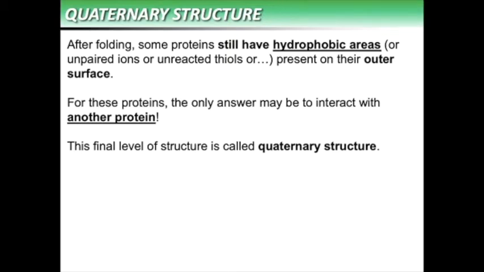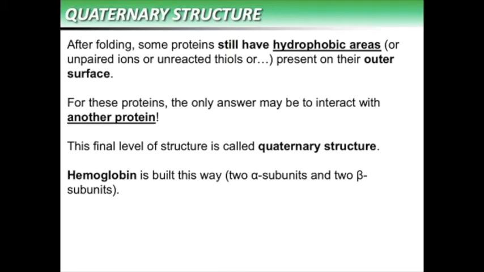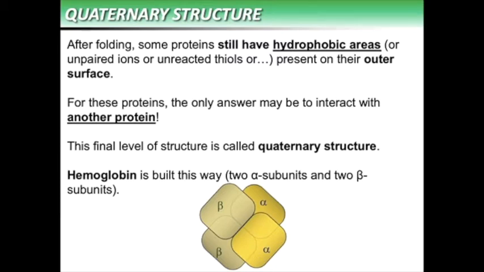And a very important protein in your body actually uses quaternary structure, and that's hemoglobin. Hemoglobin is built from 4 protein chains. There are 2 pairs of what are called identical subunits. So there are 2 of these alpha subunits, 2 of these beta subunits, and it's only when all 4 of them come together by virtue of some thiol reactions, some disulfide linkages being formed, and a lot of hydrophobic interactions, a lot of nonpolar interactions.